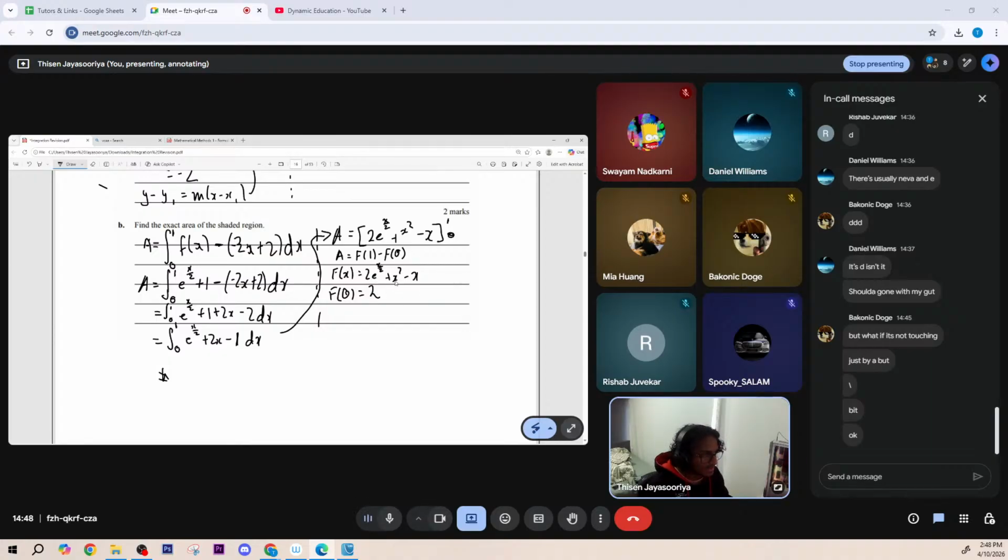And then x squared take x becomes 0. And we have f of 1, which is just 2e to the half plus 1 take 1, which is just 2e to the half. Hence, A equals 2e to the half take away 2. And that's my final answer there.